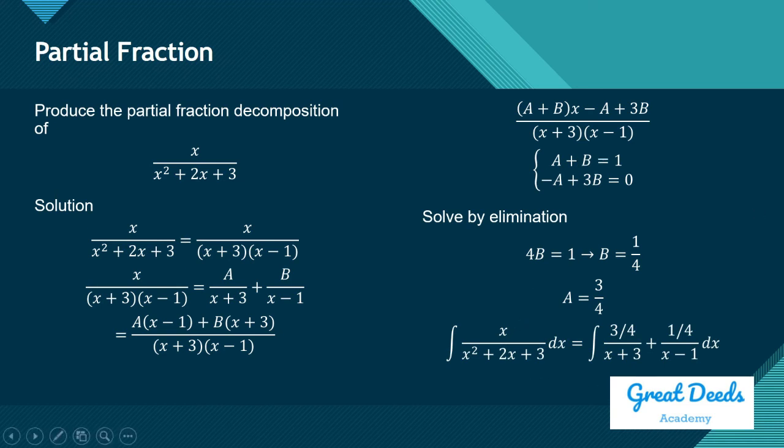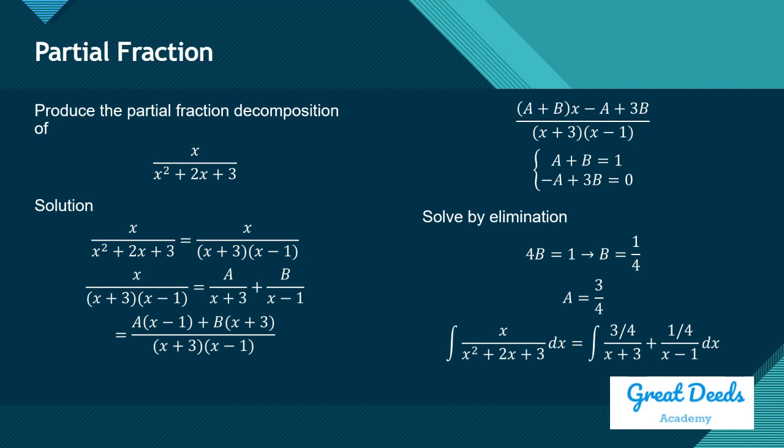We will now fill in the unknowns. Coming from here, we will integrate this. We will replace a by 3/4 and b by 1/4. So the integral of this function is equal to the integral of 3/4 over x plus 3 plus 1/4 over x minus 1 dx.